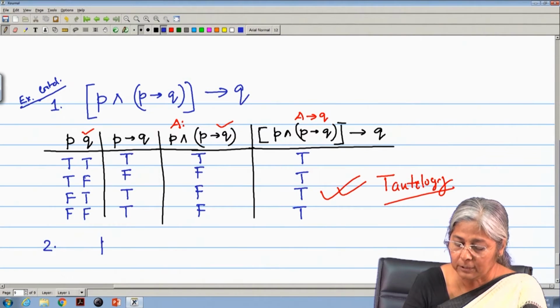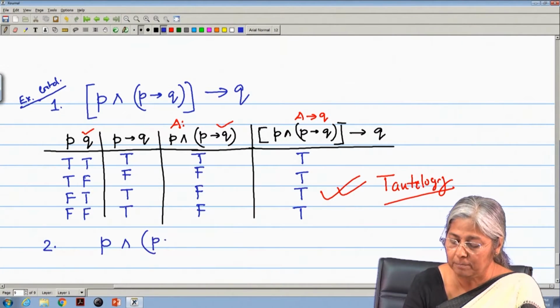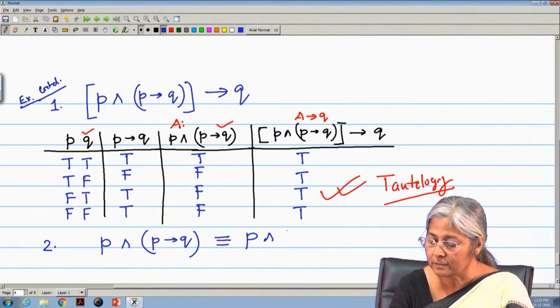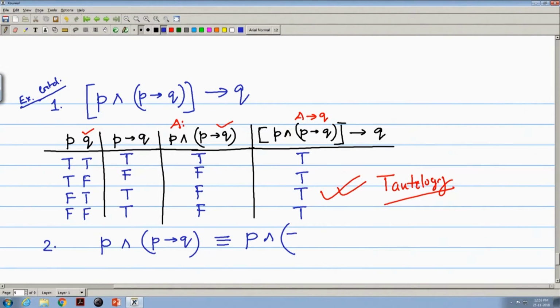So, p and p implies q is equivalent to p and, since we now know that p implies q is negation p or q, we apply the associative rule: p and negation p, or q. p and negation p is F, or q, which is q only.